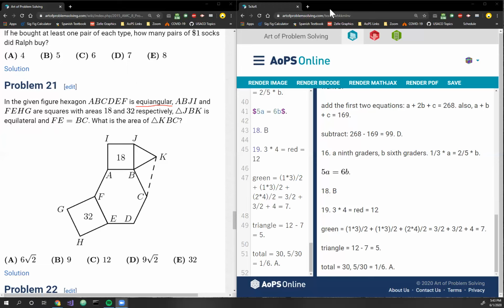Okay, so the way you do this, let's look at angles. This angle is 120 because a hexagon has 6 angles of 120. Then in this square, this angle is 90. And lastly, this angle is 60.